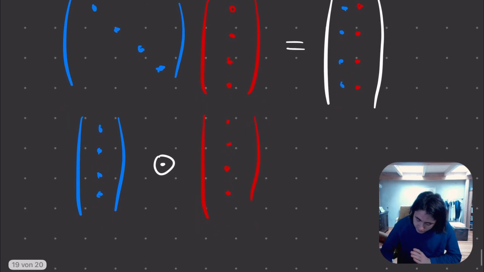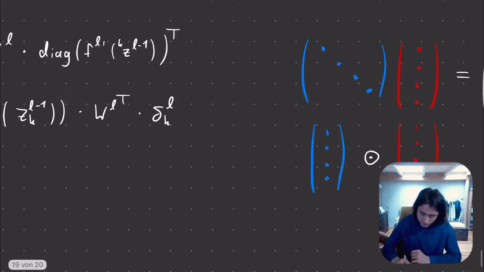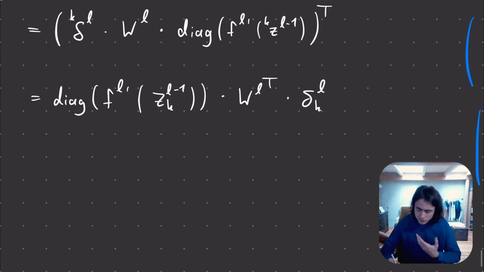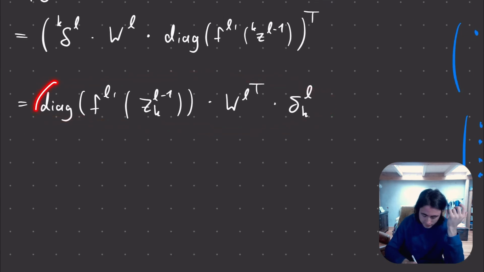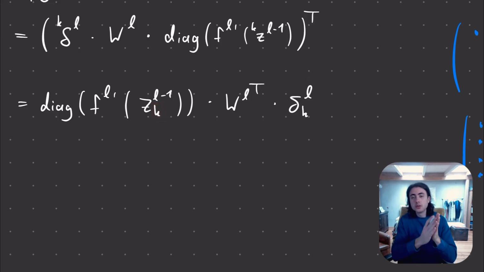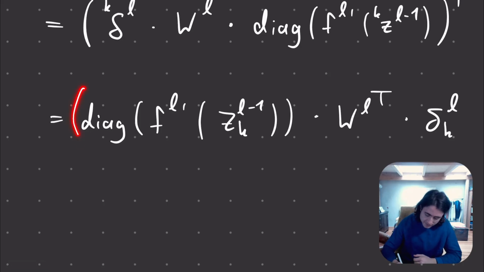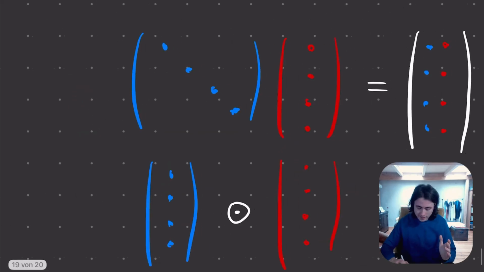And now we will be using this in order to compact this formula here. Because let's think about what we want to do. We want to pack this column for every sample k into a matrix where every k stands for a column of that resulting matrix. So what we can do is that we can compact all of these diagonal matrices as we did here.